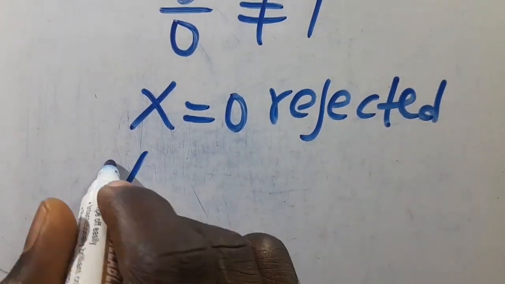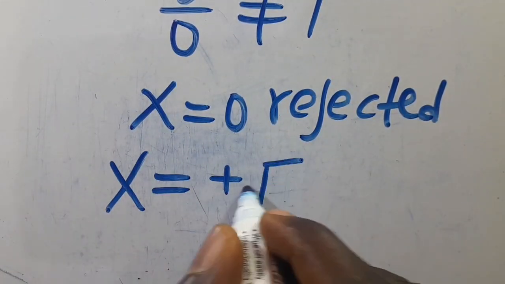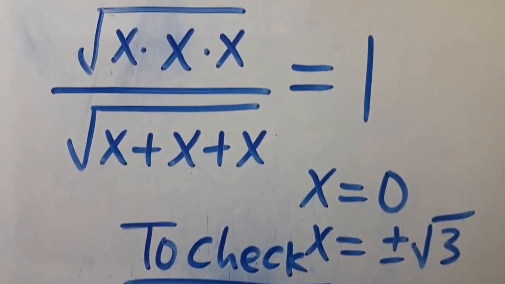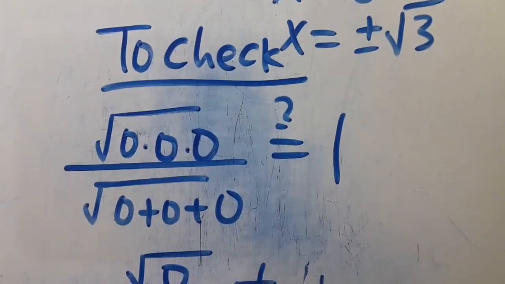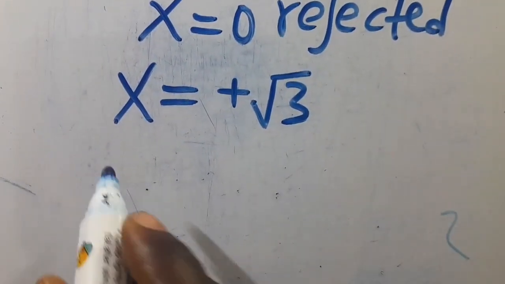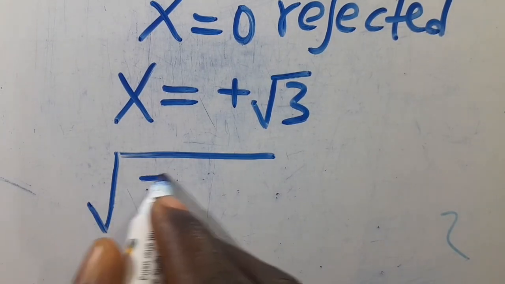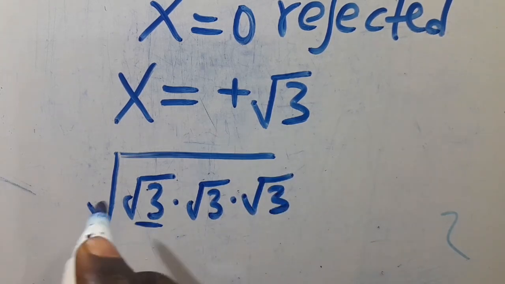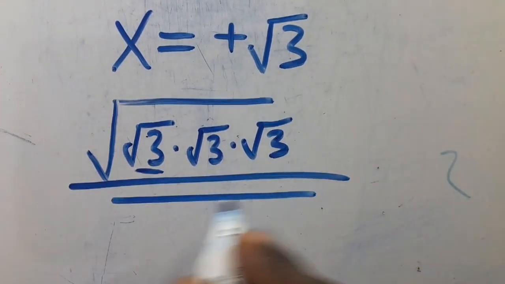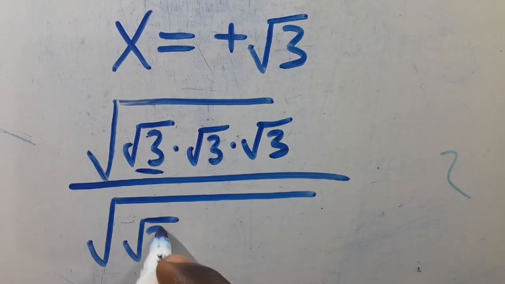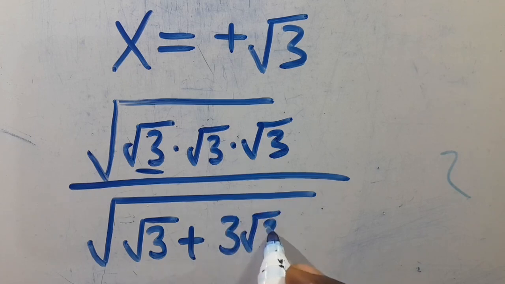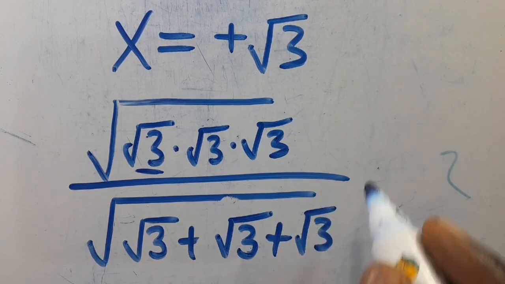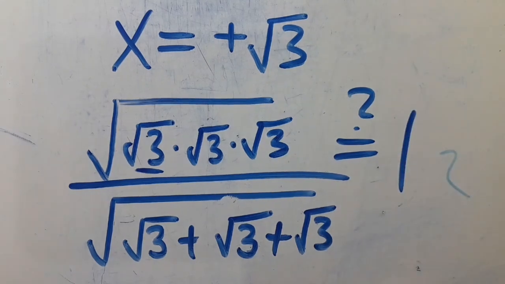Then let us also check when x equals positive root 3. We are going to have root of root 3 multiplied by root 3 multiplied by root 3 divided by root 3 plus root 3 plus root 3, and check whether it gives us 1.